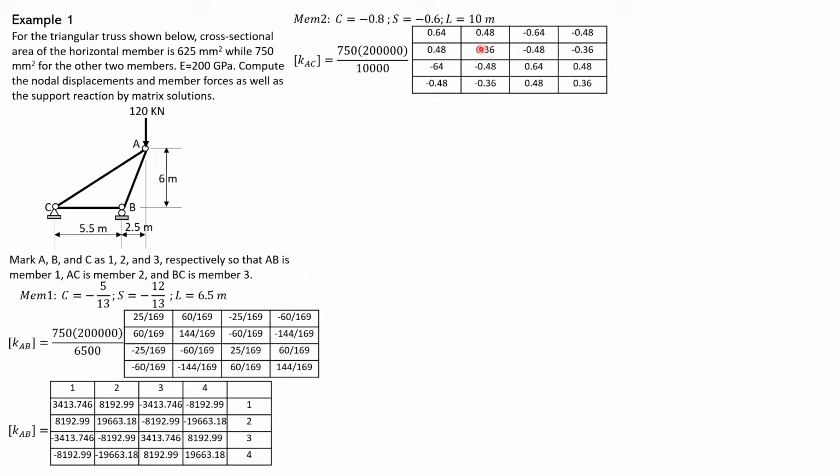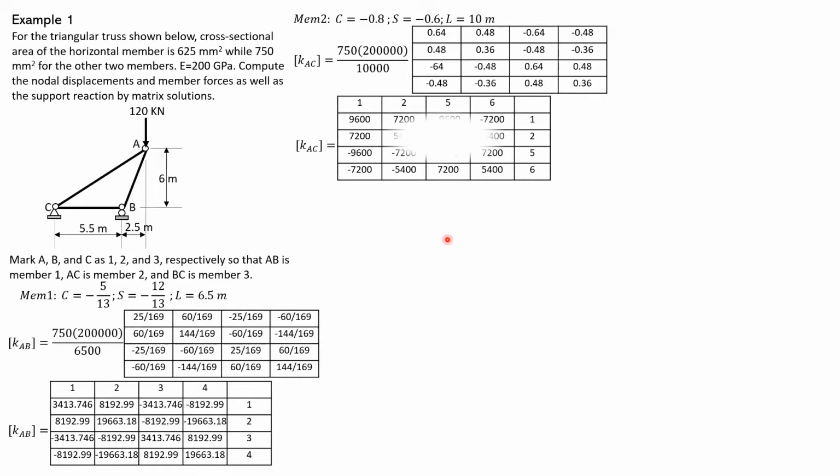This is S squared, the square of sine, 0.36. Then they're negatives. After that, we copy this in this corner and in this corner. So we have the stiffness of member AC equal to this value.